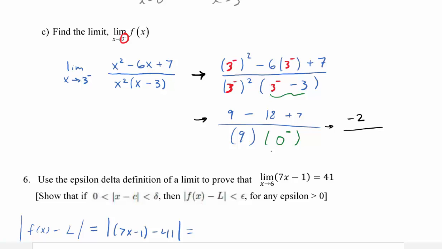Now 9 times 0 is 0 from below. But the point is we have a negative number divided by a negative number. So the answer is going to be positive if 2 is constant, right? But as we approach 0, this number is exploding up to positive infinity. The limit does not exist, and positive infinity shows the manner in which it does not exist.